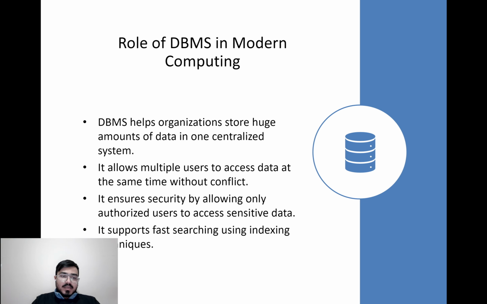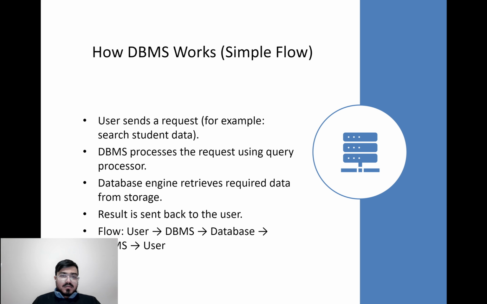Third, it ensures security by allowing only authorized users to access sensitive data. For example, not every employee can see salary details. Finally, it supports fast searching using indexing techniques. Because of this feature, DBMS is used in almost every modern organization. Let's move to the next slide.